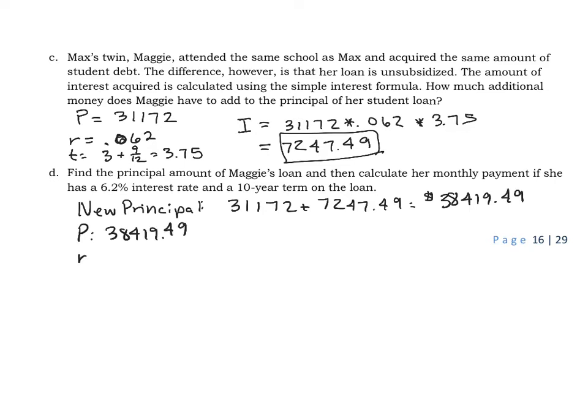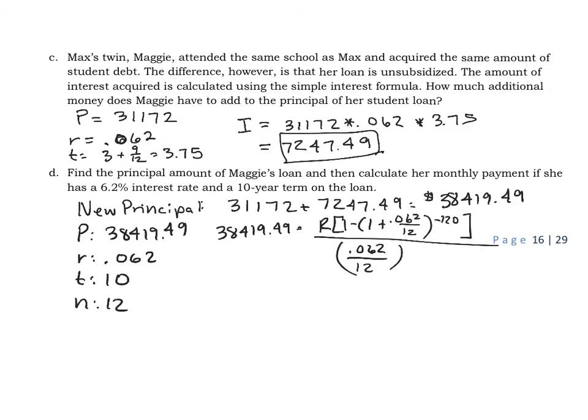Okay, we know the rate was 0.062. Our time is 10 years this time, and she's making a monthly payment. So I'll go ahead and pause this while we set it up, and if you wish, figure out what this amount is.